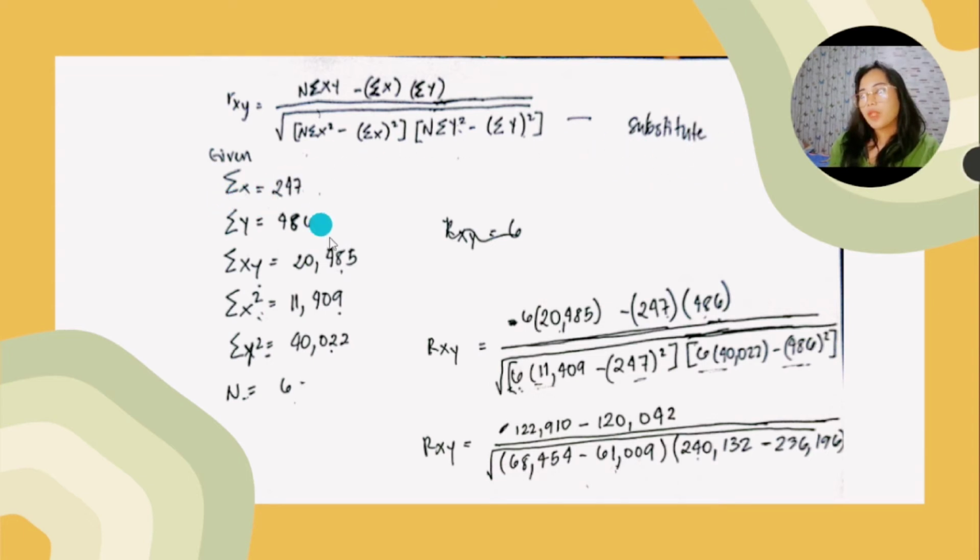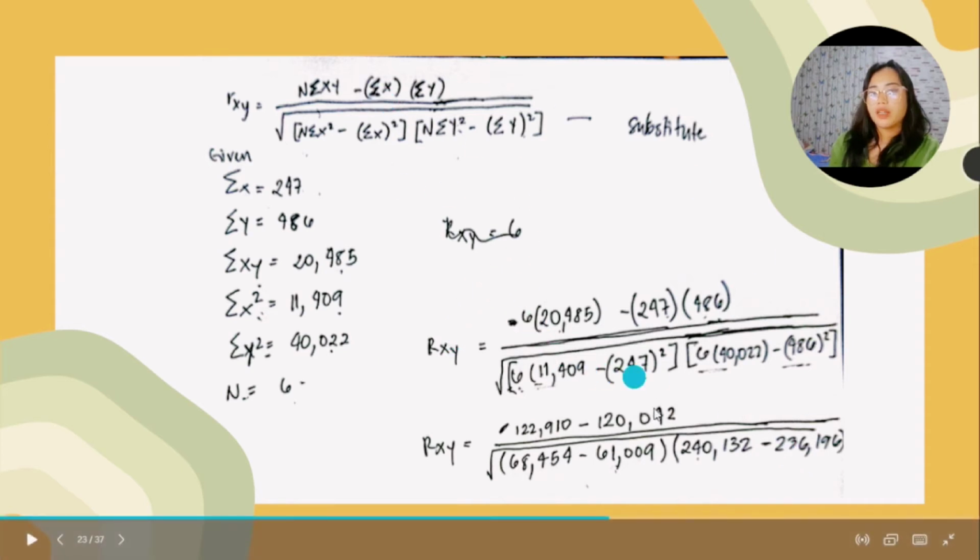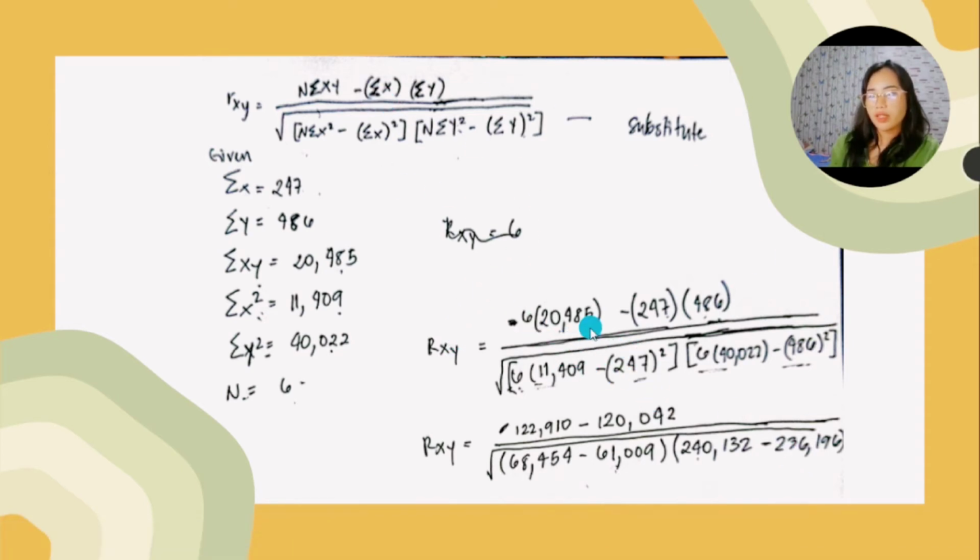These are the values that we have from our table earlier. As you can see, this is the first step: substitute everything. So 6 times 20,485, which is the value of the summation of xy, and 247, the summation of x, and 486, the summation of y. 6 is the value of n, or the sample size.